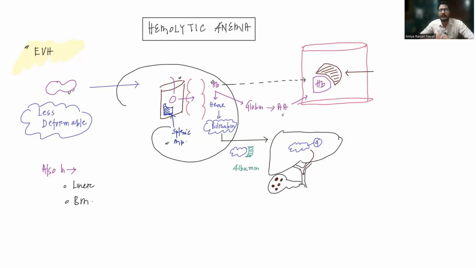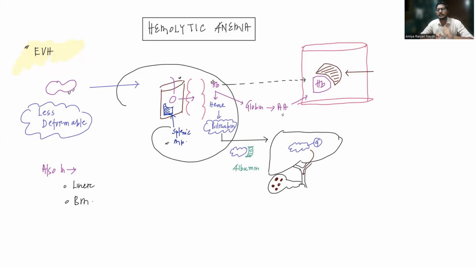In extravascular hemolysis, there will be some membrane alterations which are pathological. I told you normally when the RBC completes its lifespan, there will be some membrane alterations which will make it less deformable. But there are certain pathological conditions like, for example, hereditary spherocytosis. There will be some pathological membrane defects that can happen even in younger RBCs.